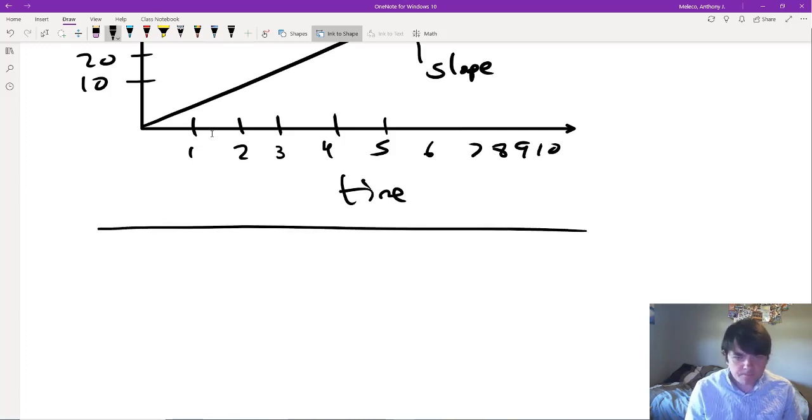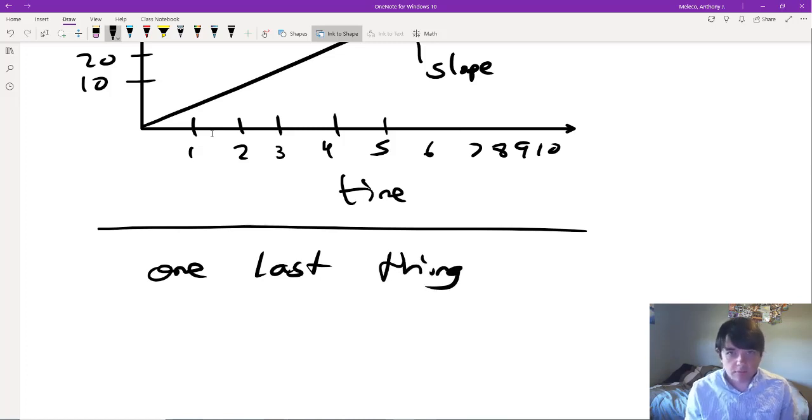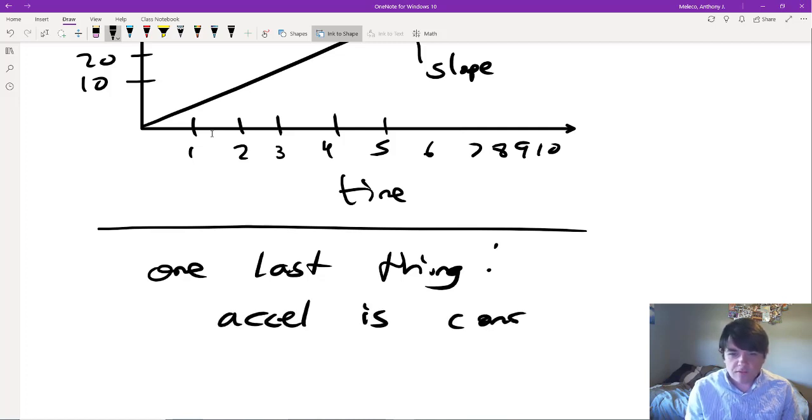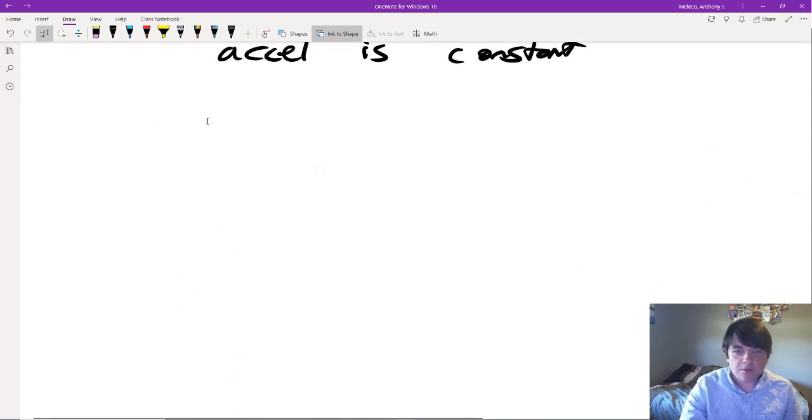One last thing I want to talk about harkens back to what I said about acceleration. So I said before, accel is constant, okay? And the reason I did that is because you've just seen, if position looks like this, velocity will look like this.